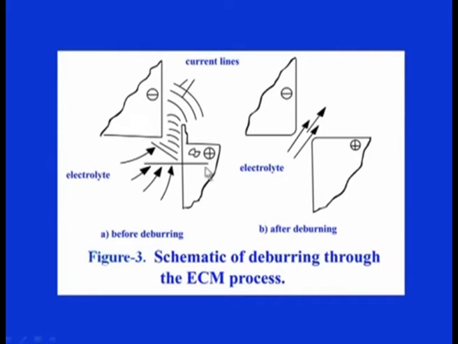two terminals of this electrochemical cell, in which particularly the part where the burr is to be removed is connected to the positive terminal, as one can see on this screen.